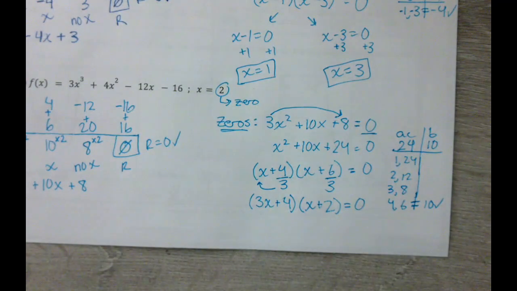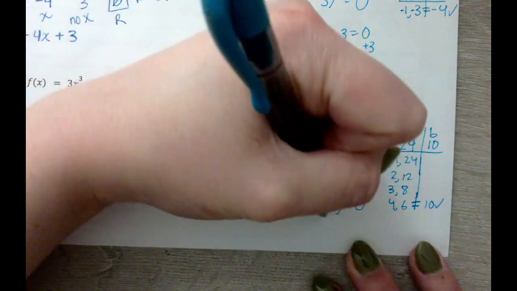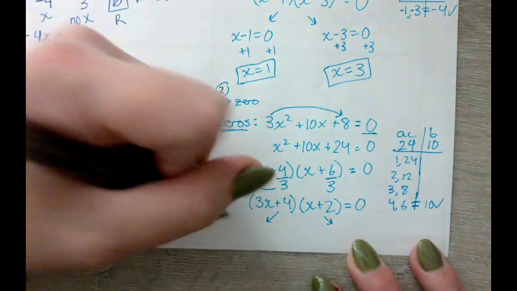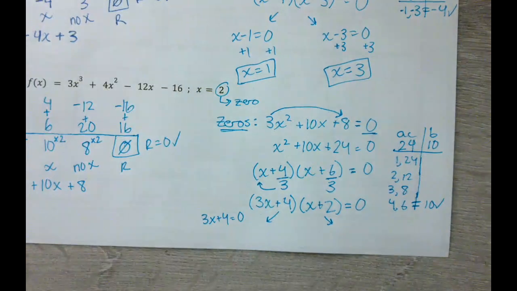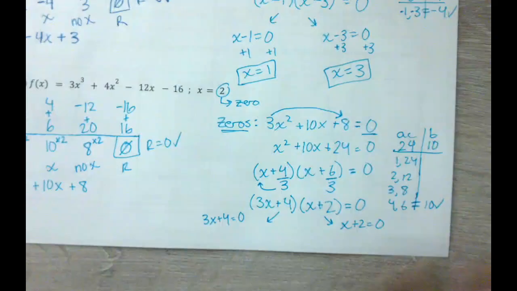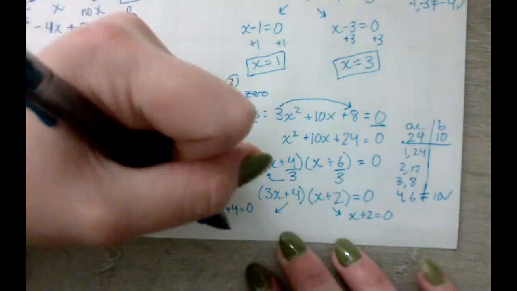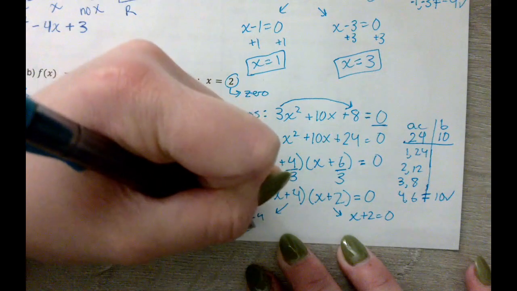Now we can solve these. So then we get 3x plus 4 equals 0 and x plus 2 equals 0. 3x plus 4 equals 0. Subtract the 4. We get 3x equals -4.